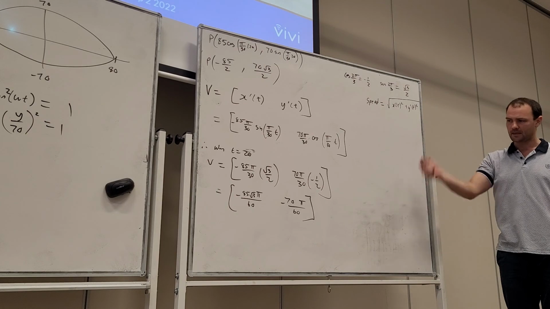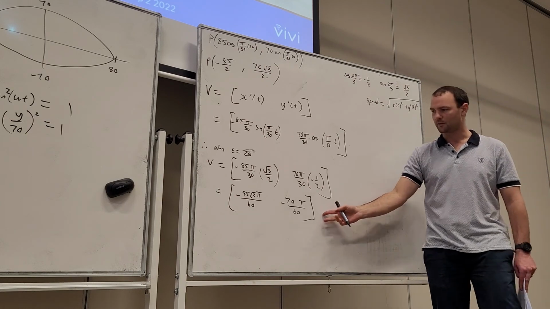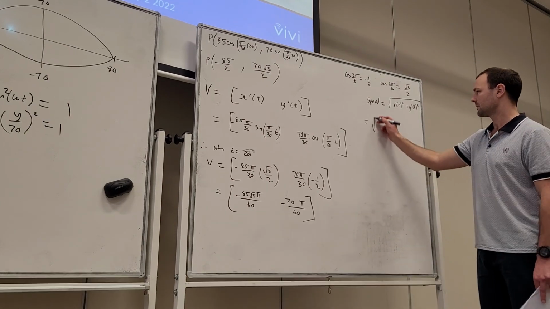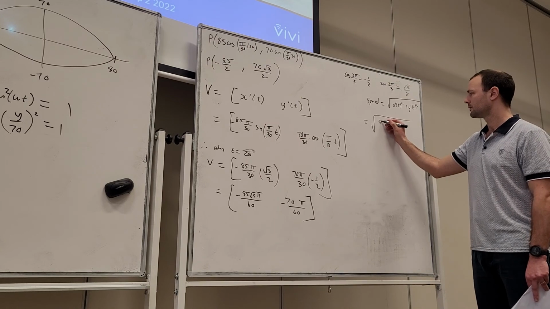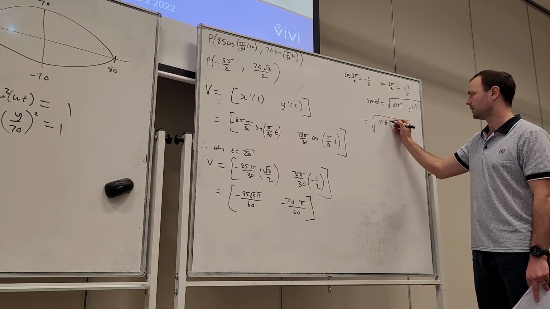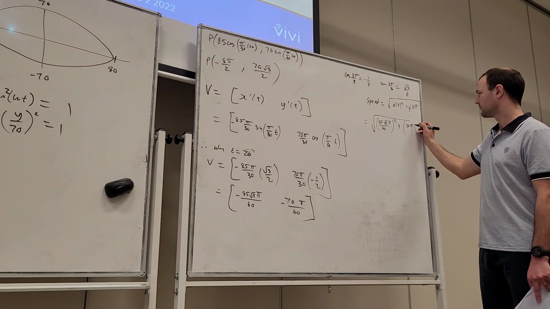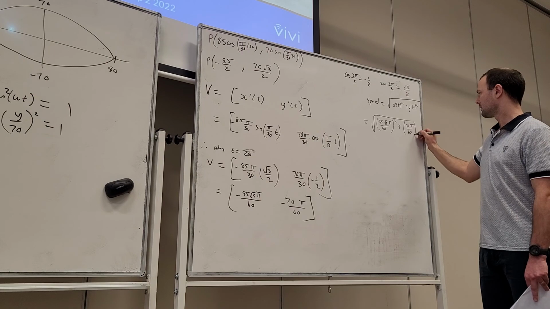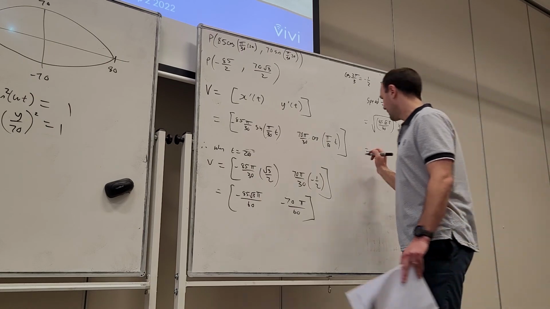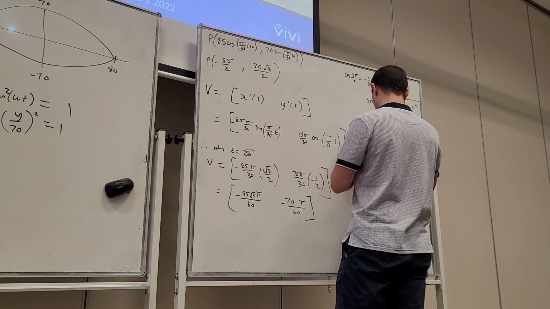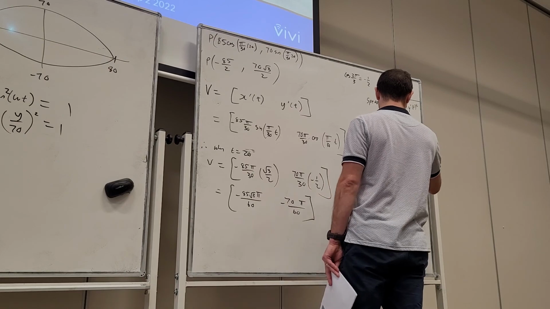And we want the speed at this location, so we're going to do the magnitude there. So that's going to be the square root of 85 root 3 pi on 60 squared plus the second component squared. And I evaluated it before: 8.5 metres per second.